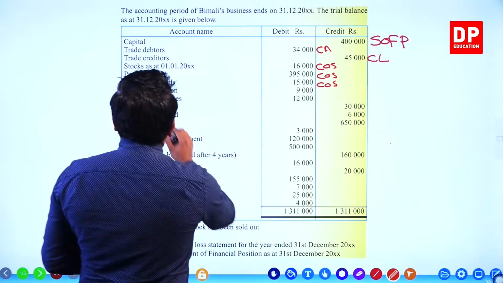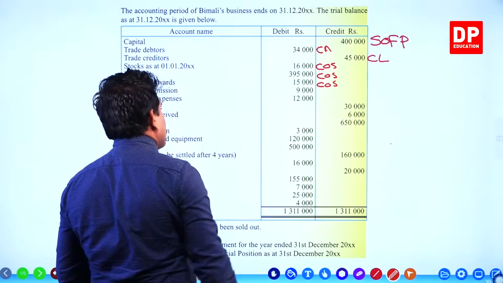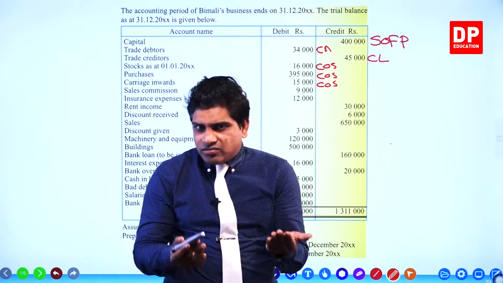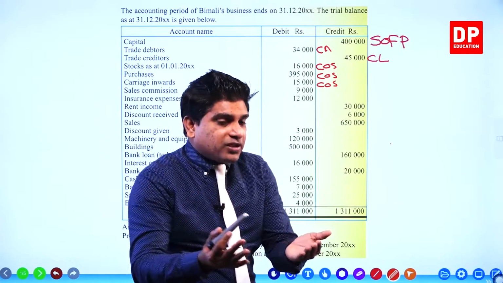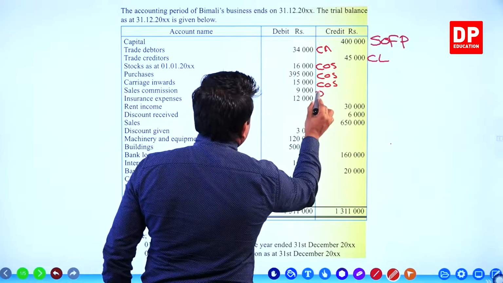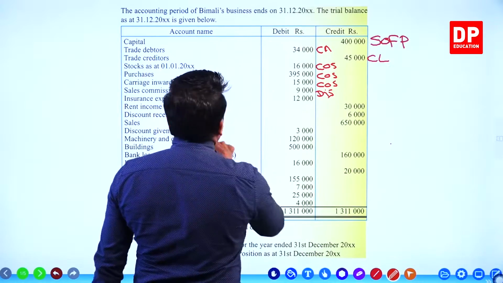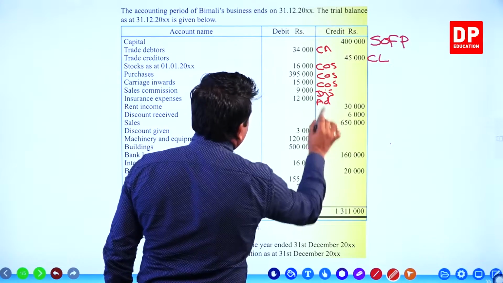Now sales commission, you put it on the debit side. Sales commission means you give a commission to your employees, sellers. It's an expense, right? Which category? It goes under the distributing category, DIS, right? Then insurance expense, it goes under administration.